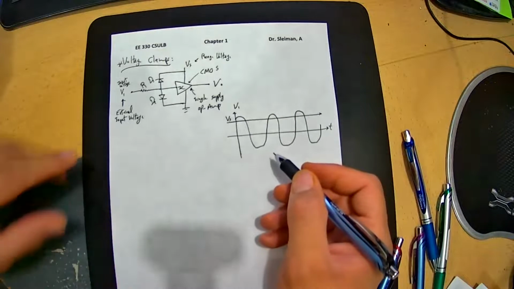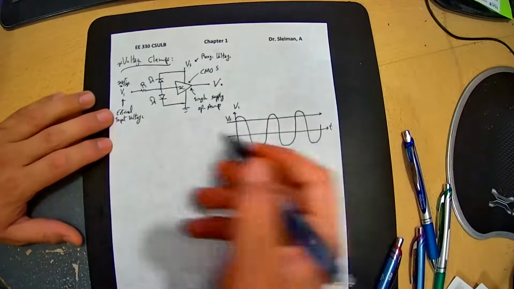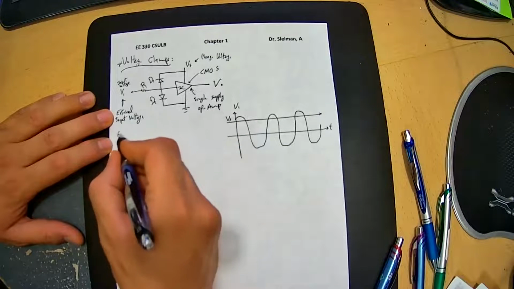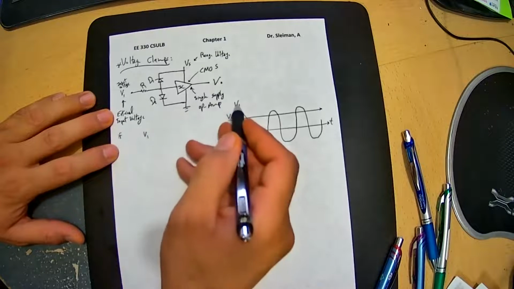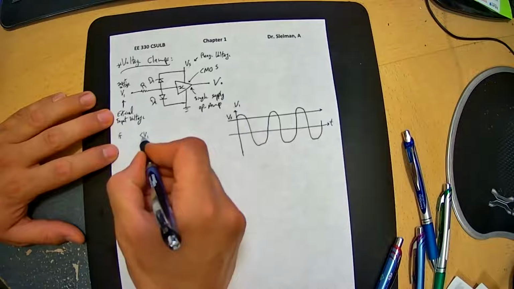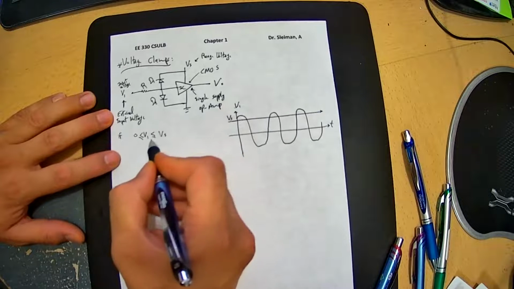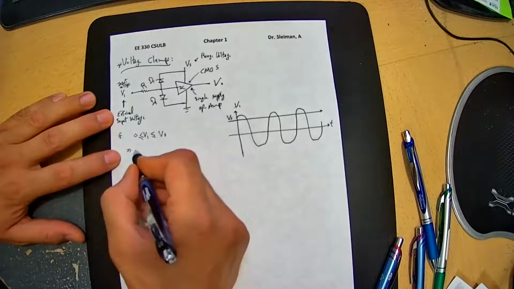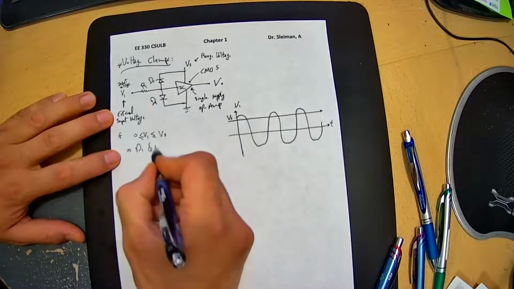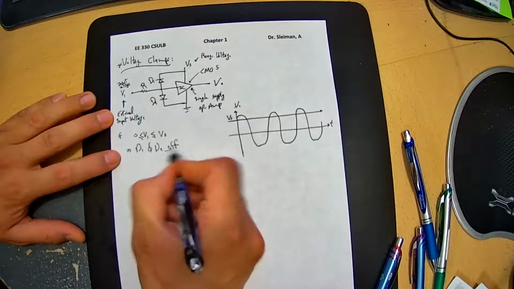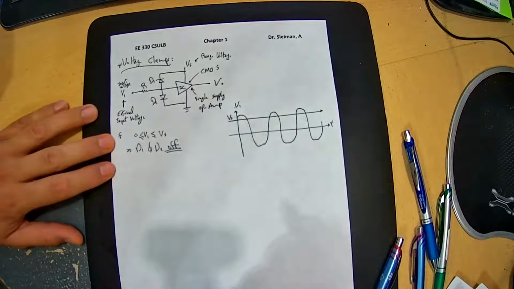Okay. So what happened is, if V1 is between 0 and Vs, that means D1 and D2 are off. How is that?